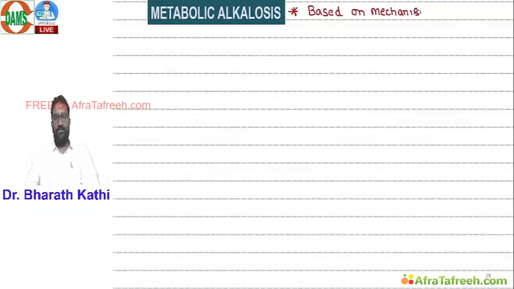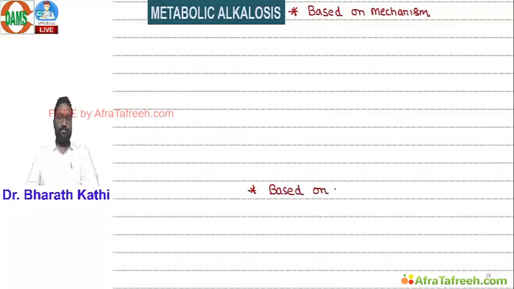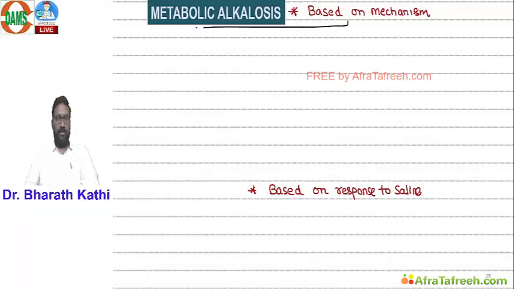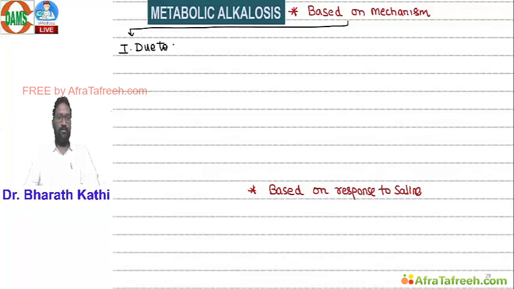Next classification is based on response to saline. Whether this metabolic alkalosis responds to saline, yes or no. Based on mechanism, there are three categories. Category 1, metabolic alkalosis predominantly due to hypovolemia.